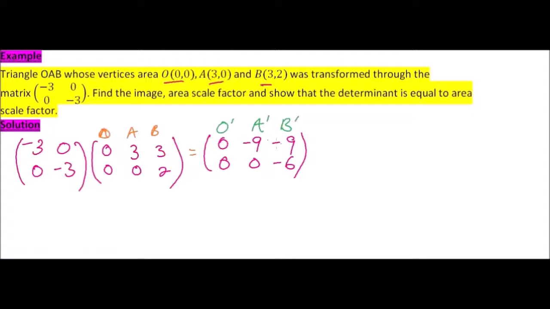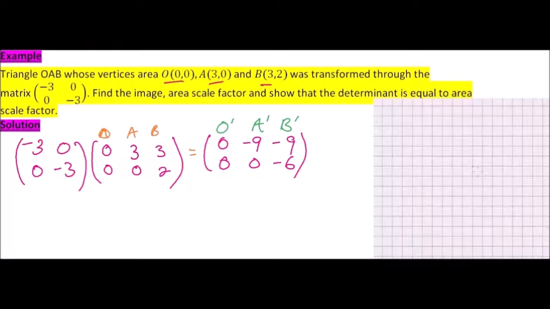So we go ahead and we plot our figures on a Cartesian plane. So here we have the Cartesian grid we are going to plot. We start by preparing our Cartesian plane. So we have the x-axis up to number 6, followed by the y-axis up to 4.